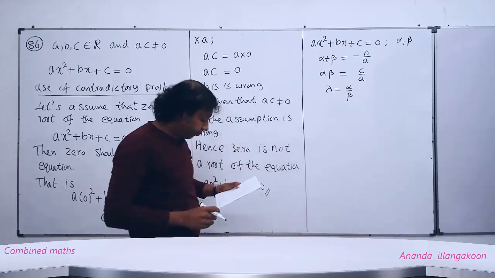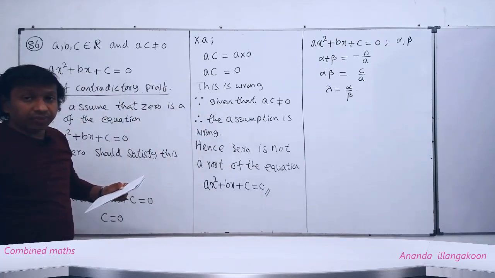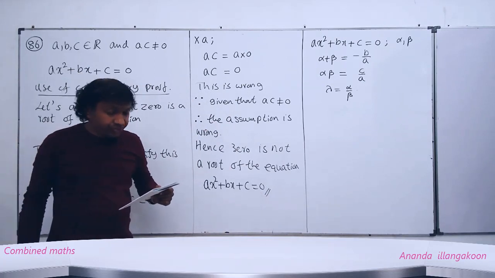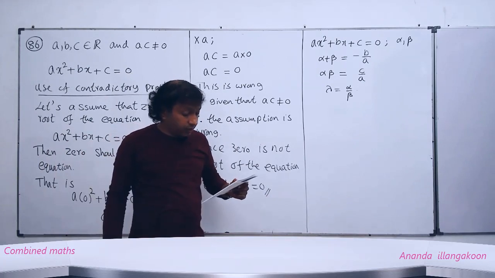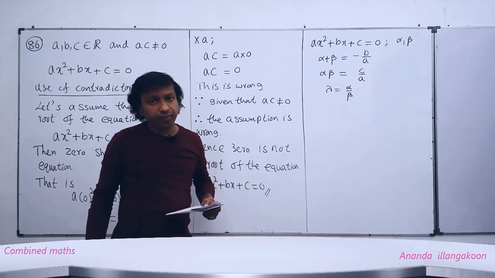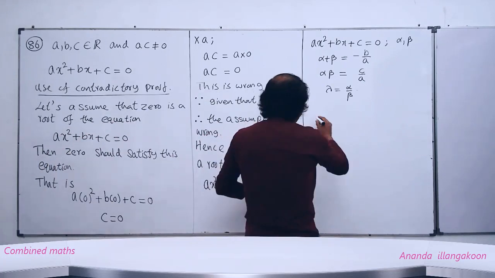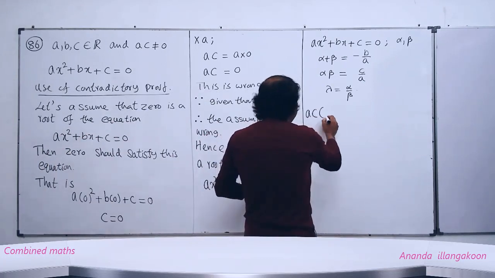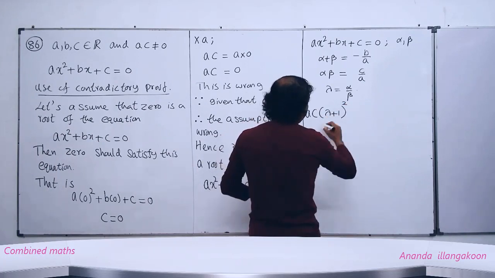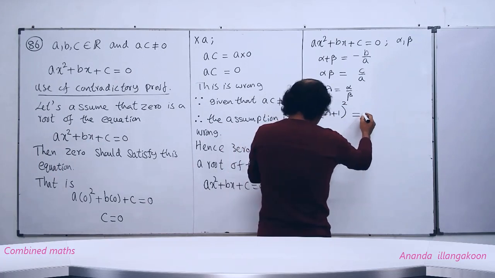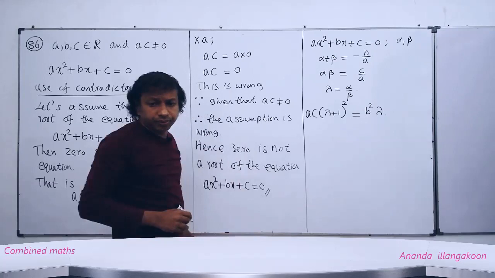Then people, show that AC times (lambda plus 1) whole squared equals b squared lambda. That one we need to prove, people, right? So let's see how to prove this one. AC times (lambda plus 1) whole squared, this only we need to prove equal to b squared lambda.